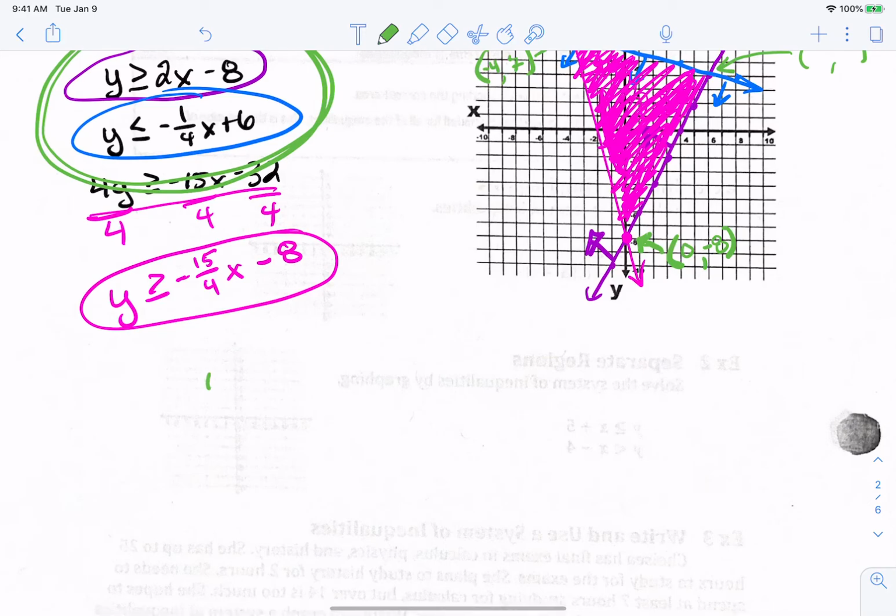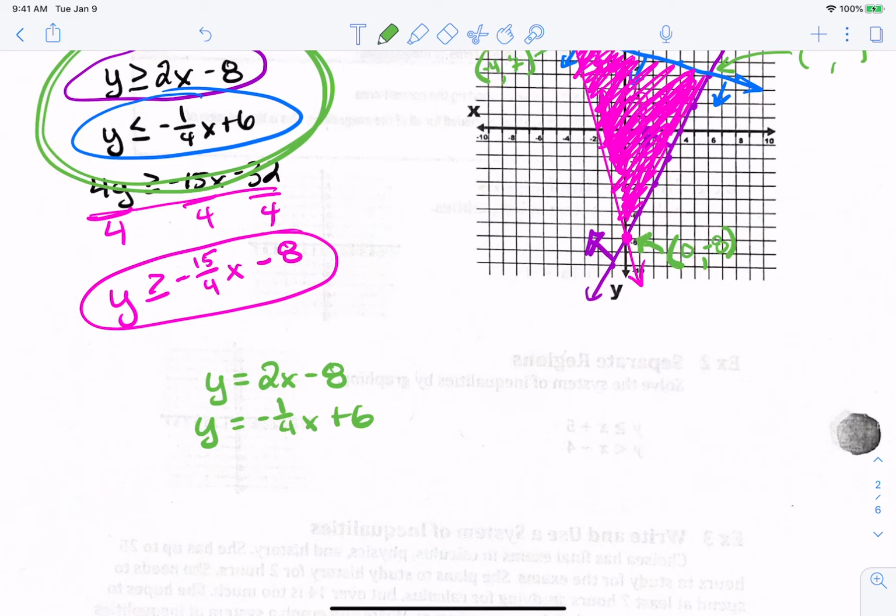We're just going to treat it as though it says y equals 2x minus 8 and y equals negative 1/4 x plus 6, because I'm trying to figure out where they're equal to each other, where they're crossing each other. So don't worry about the inequality symbol now. We are trying to find where they cross. What do you want to do? Do you want to substitute or do you want to eliminate?